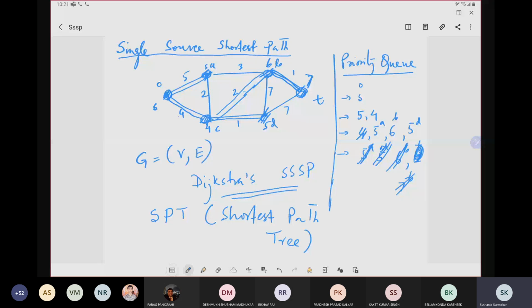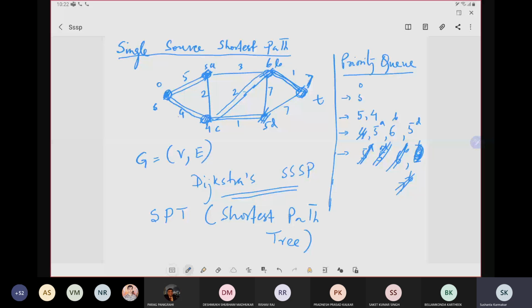S is not the entire set of vertices, when all nodes are not explored, what you do, you actually take out the node which has the minimum distance from the source. So initially S is the only node, its minimum distance from the source is itself, 0.